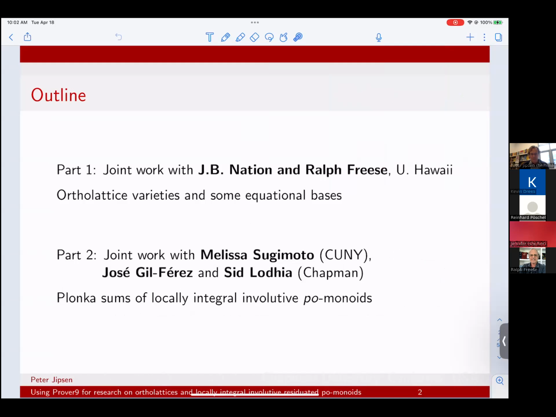She's now at CUNY, and it continued then with Jose Gilferez and Sid Loria, currently at Chapman. Sid is also an undergraduate student about to graduate now. The first one is on ortholattices and an equational basis for a particular variety, and Plonka sums is the second project.